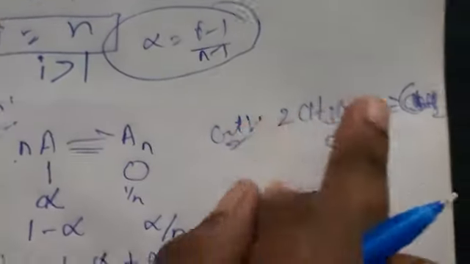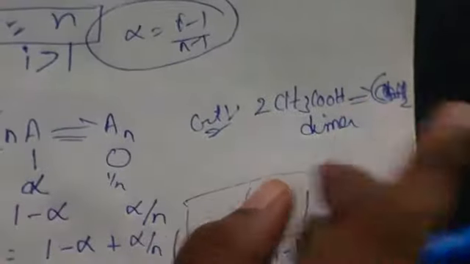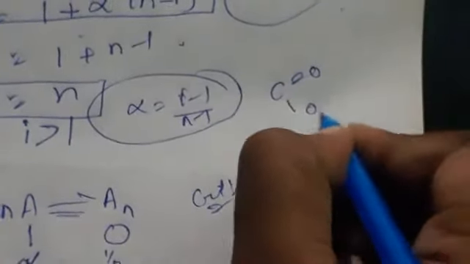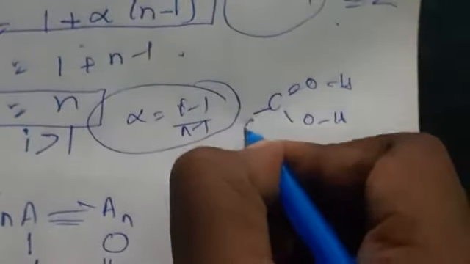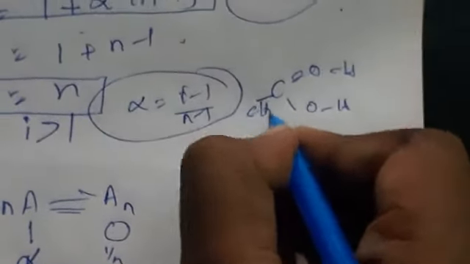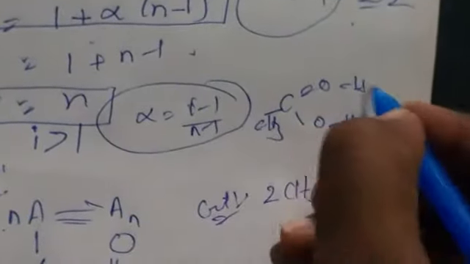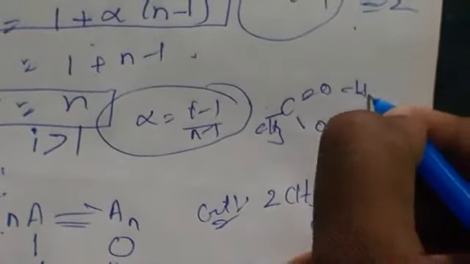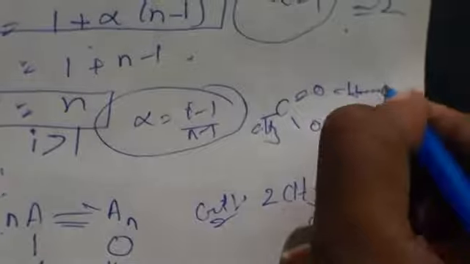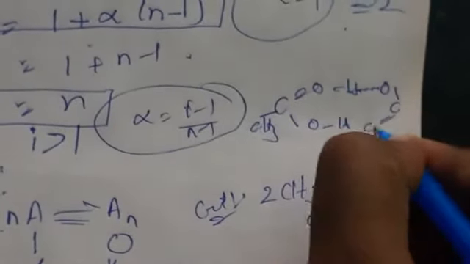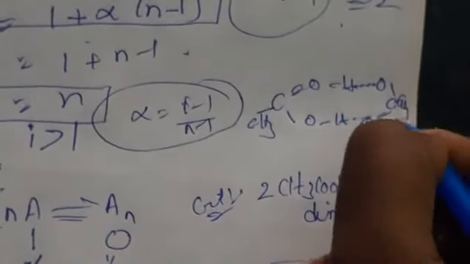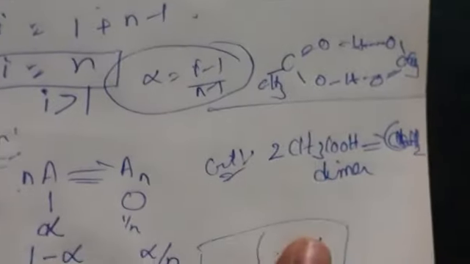Here acetic acid is dissolved in a molecule, and it forms a dimer. How does it form the dimer? C double bond O H, and here CH3, acetic acid, the same molecule, OC double bond CH3. Like this it forms the dimer molecule.